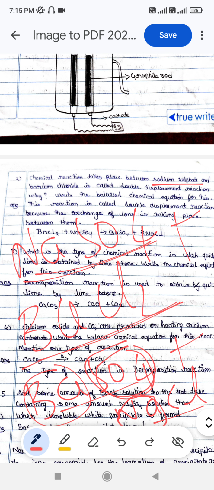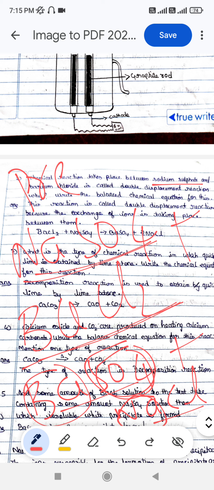Due to this, it is called a double displacement reaction, right? This reaction also represents another type called a precipitation reaction. What is a precipitation reaction? The reaction in which an insoluble substance is formed between the reactants.